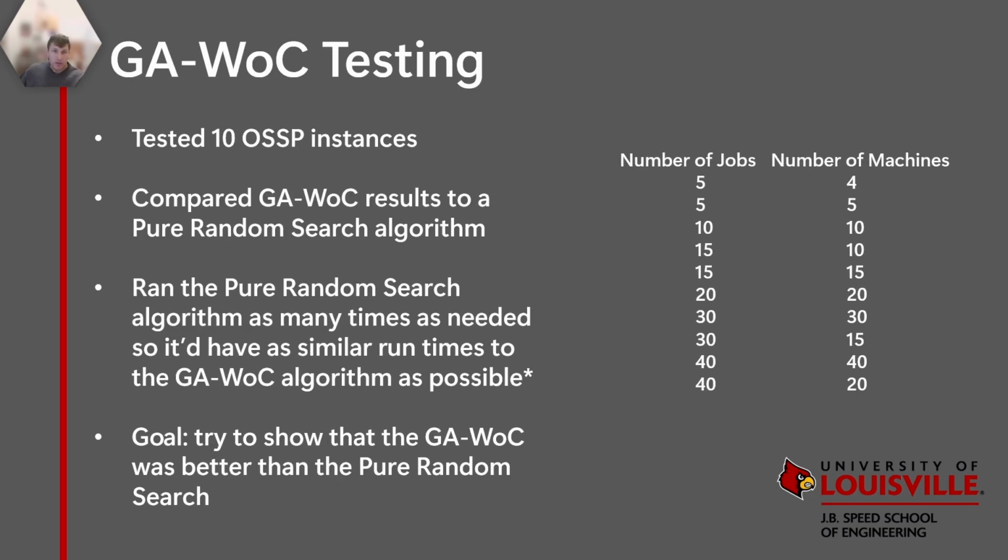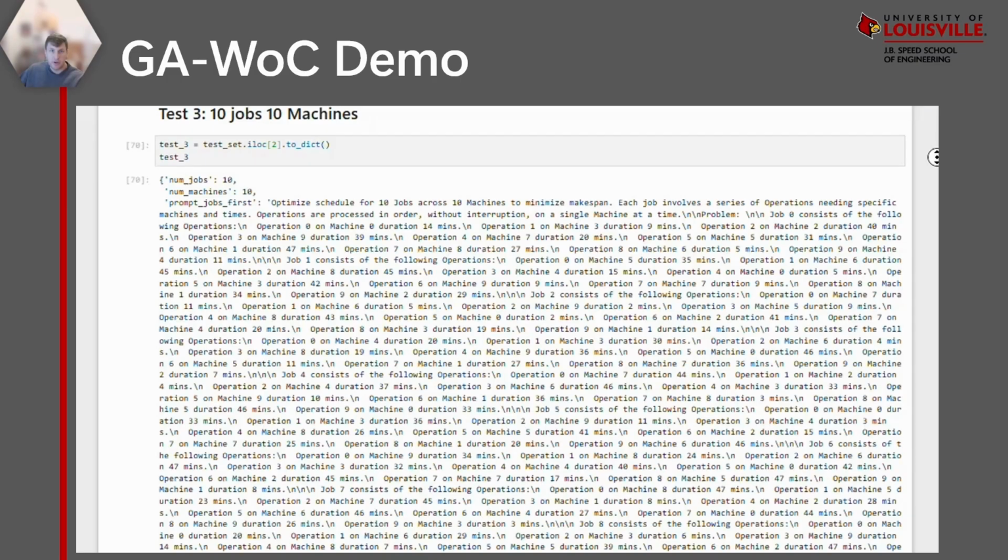Right. And then for our test, we just tested 10 open shop scheduling instances, and compared it to a pure random search algorithm that was set to a similar runtime as our genetic Wisdom of Crowd operation took. So we want to compare results there.